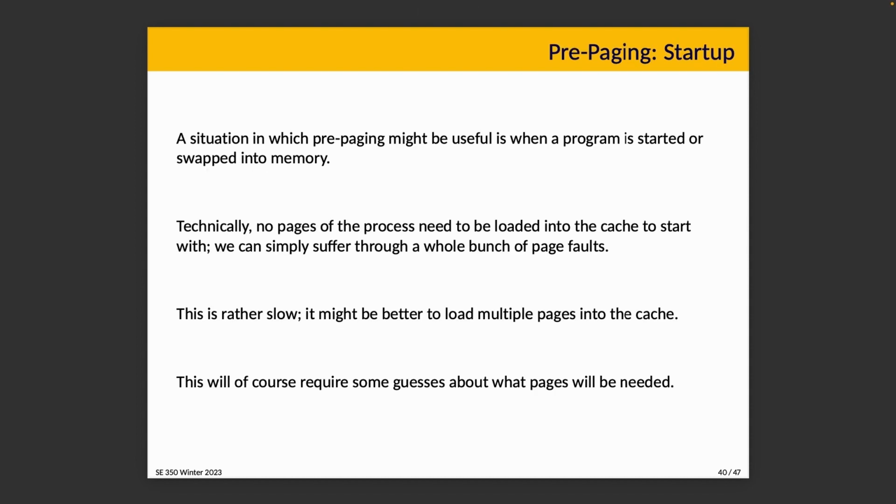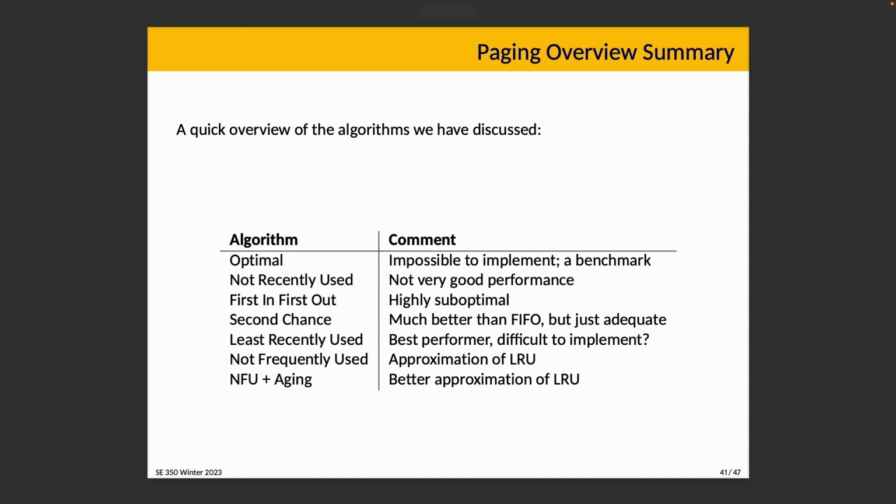Pre-paging is somewhat useful, say when we're starting a program or we're swapping it into memory. Technically, no pages need to be in the cache to start with. We can just suffer page faults as we demand page everything. But it could be interesting if you wanted to try to squeeze out a little more performance to guess about which pages would be needed and potentially speed up that program.